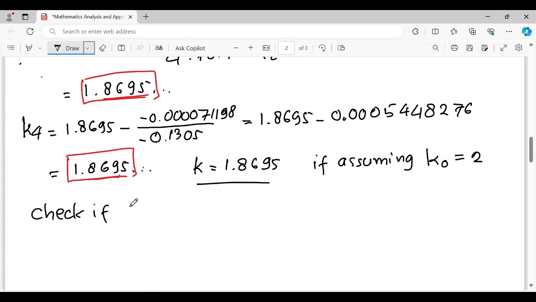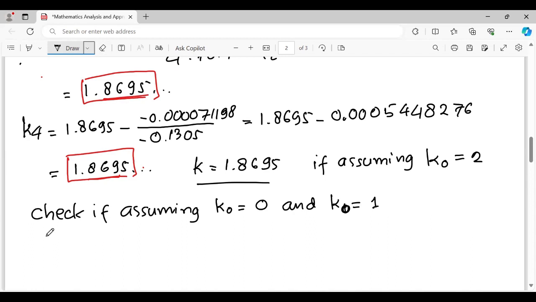Check if K0 equals 0 and K1 equals 1. K0 equals 1, sorry. So K0 equals 0 or K0 equals 1.